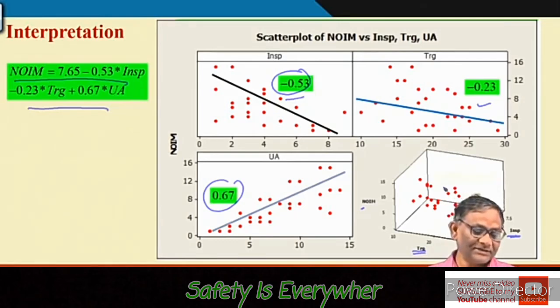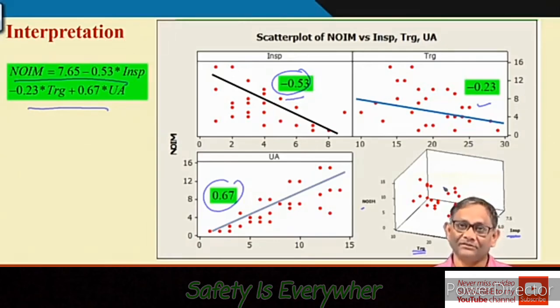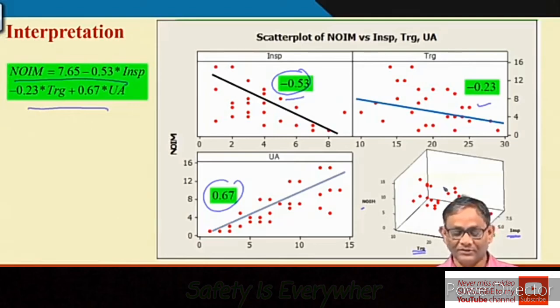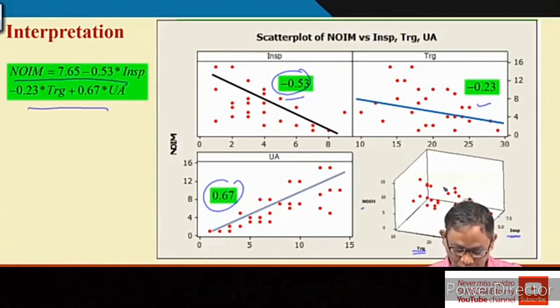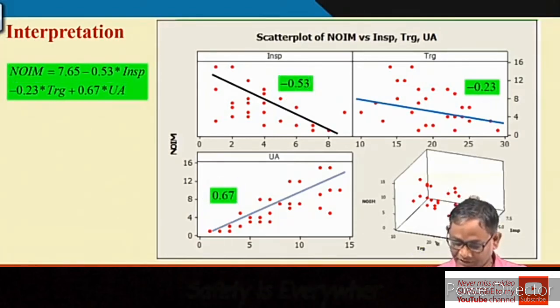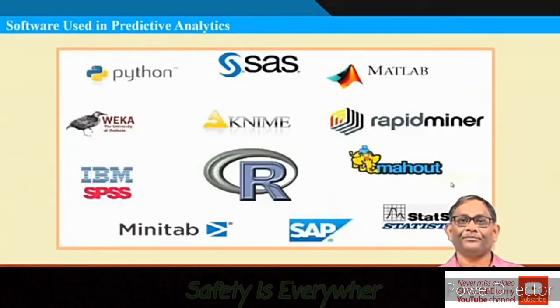The interpretation is that if you improve the training, obviously the number of incidents per month will be reduced; improve your inspection, that will also reduce it; and if you reduce the unsafe acts, then your number of incidents per month will also reduce. That is the way you have to understand regression.